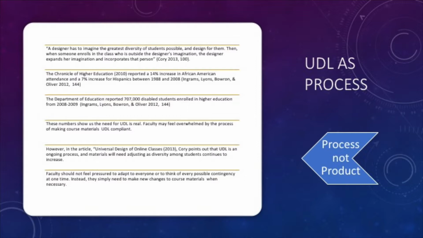So the goal is to try to think of the greatest diverse population and create coursework or training materials with that group of people in mind, but recognizing that this is an inclusive process and we will continue to adapt these materials as new students arrive who we hadn't thought of. So we're looking at multiple races, multiple cultures, as well as multiple disabilities when we design.